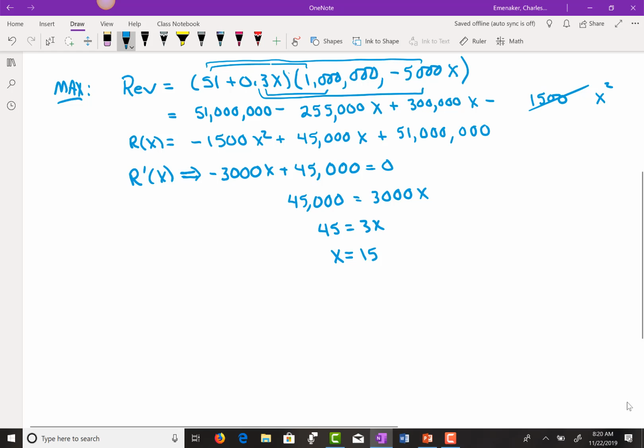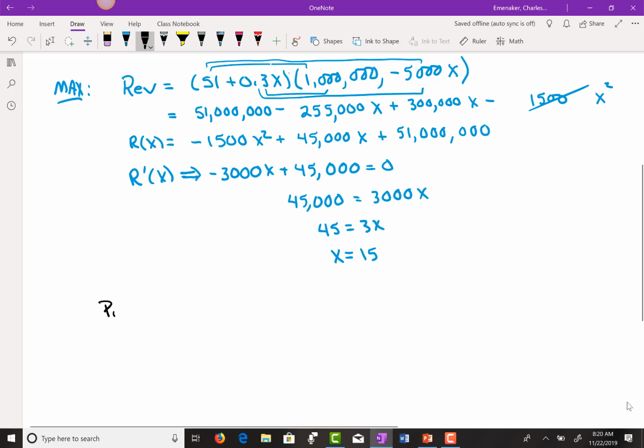All right, with x equals 15, what are some questions that your boss is going to be asking you? Well, what's the new price per gallon? How many barrels are going to be sold? And what's the new revenue? Not price per gallon, price per barrel. First thing we can do is compute the selling price.